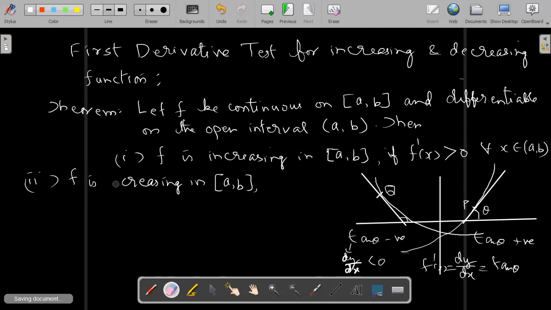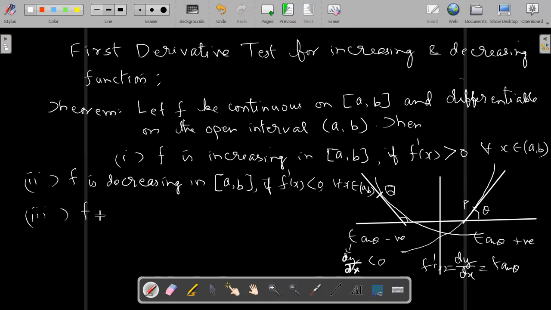F is decreasing if f dash x is less than 0 for all x belongs to the open interval AB, sorry.